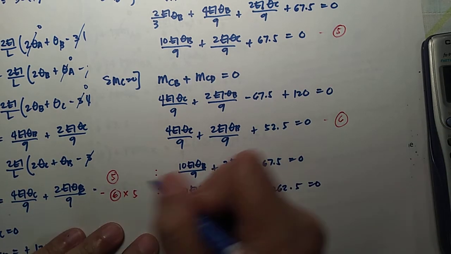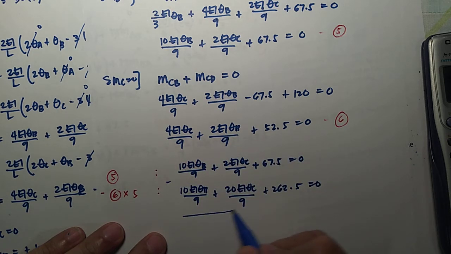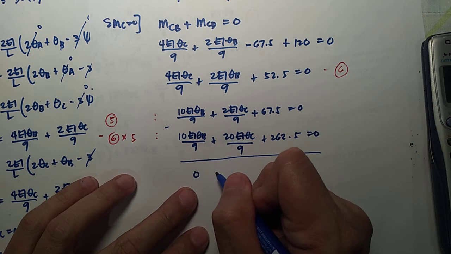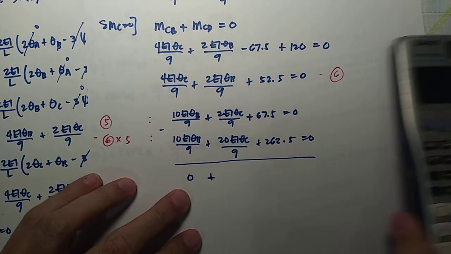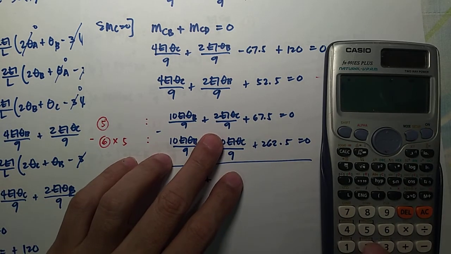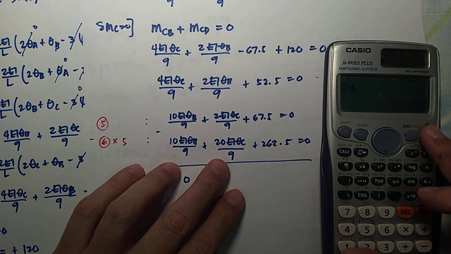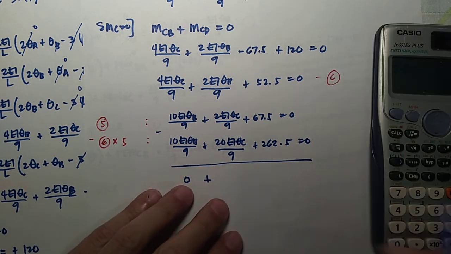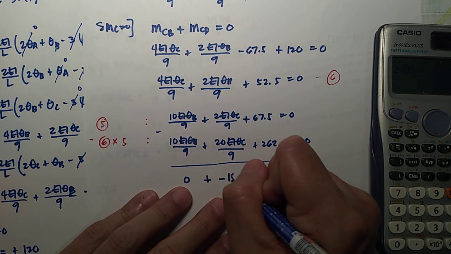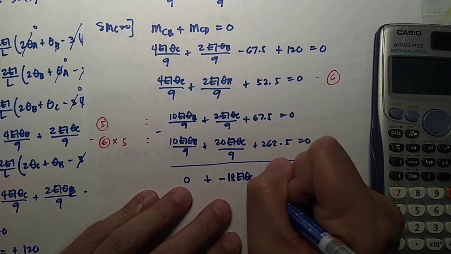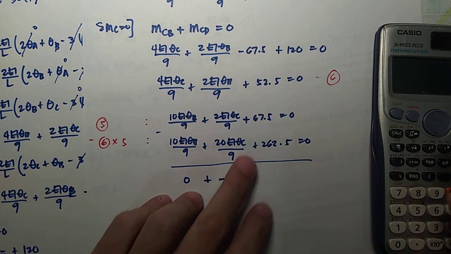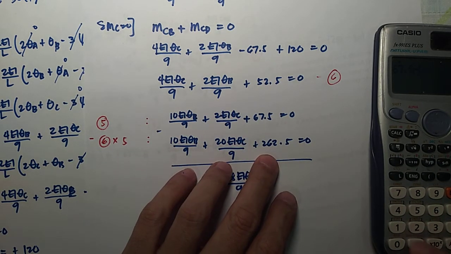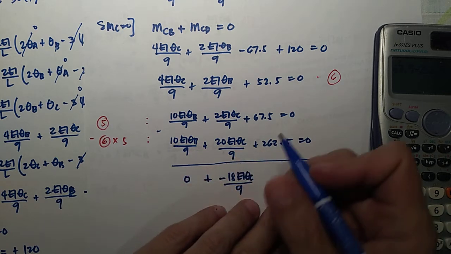Tapos pag minusin ko sila, this minus this would be 0. 2 minus 20 is negative 18. So negative 18 EI theta C over 9. Kasi ito yan, 67.5 minus 262.5, negative 195.